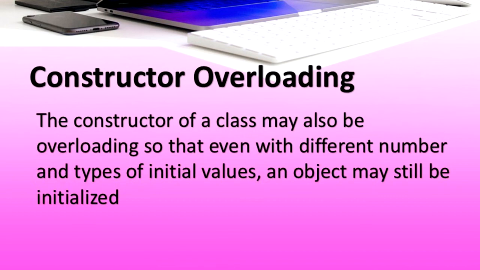Now let us discuss constructor overloading. Just like any other functions, the constructor of a class may also be overloaded so that even with different numbers and types of initial values, an object may still be initialized. For example, class ConstructorOverloading with int a, b, float c. Public ConstructorOverloading: in the empty bracket, nothing is being initialized, so it is a non-parameterized constructor.